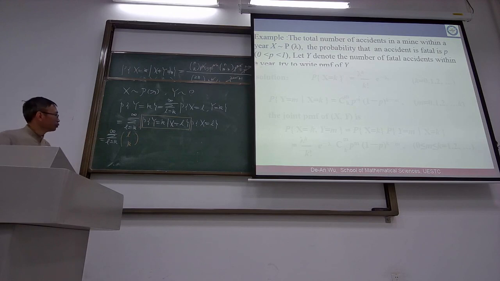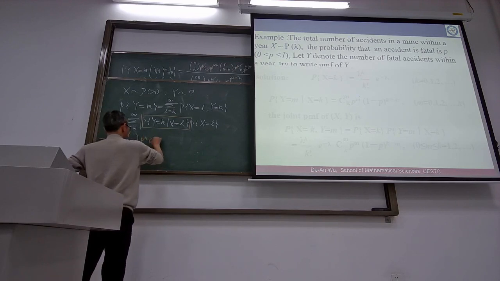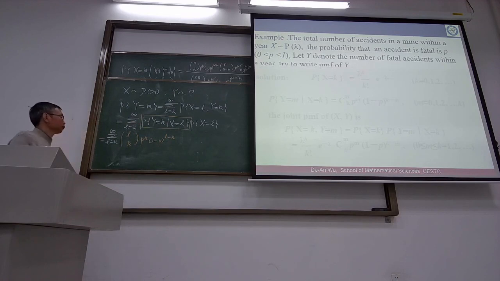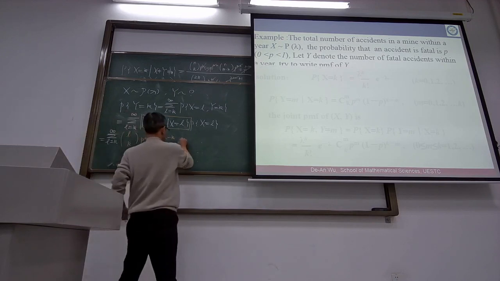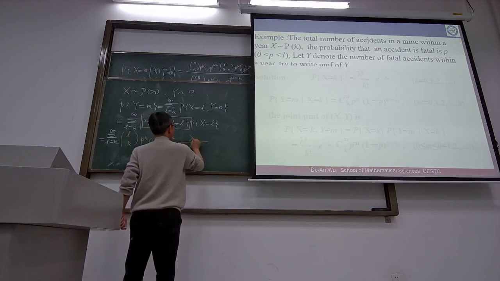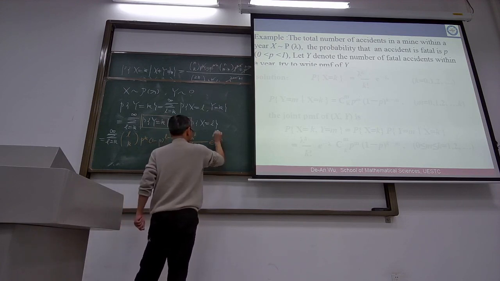And this is Poisson: lambda to the l, e to the minus lambda, over l factorial.